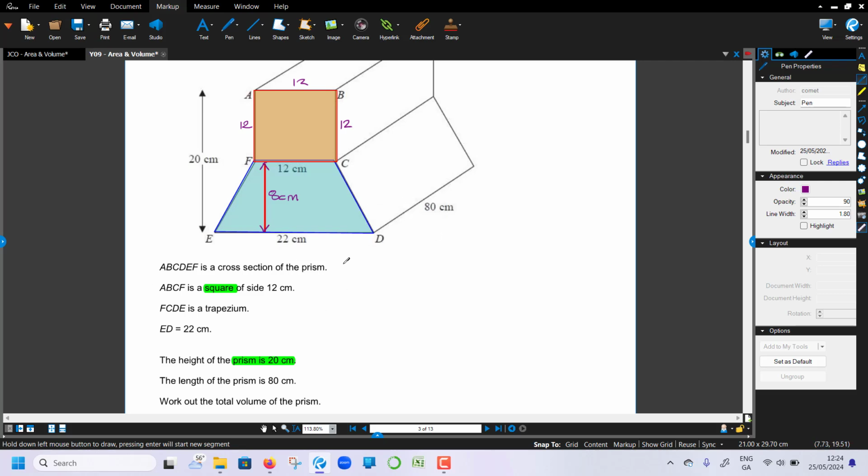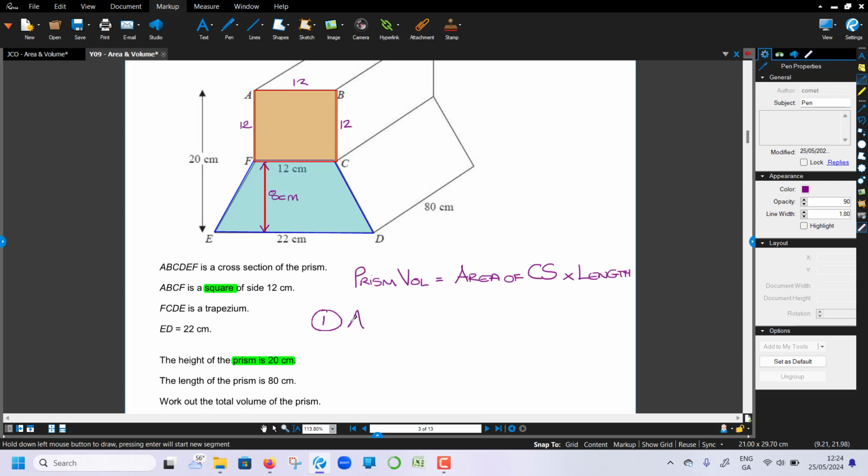Great. Find the volume. So the volume of the prism is, remember, the cross-sectional area times the length. Quite simple.